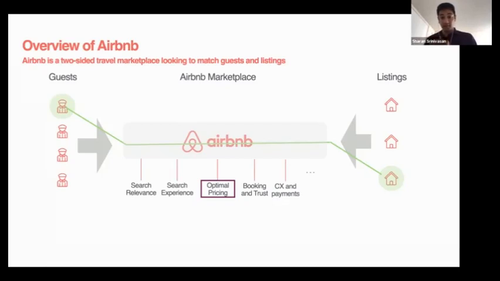Every host on the platform is always trying to find the best guest at the highest possible price, because the host always wants to optimize for revenue and the guest always wants to get a really good deal. That's where optimization comes in, because we really want to find that optimal price point, which not only maximizes revenue for the host, but also takes into account guest preferences and gets a great deal for the guest.